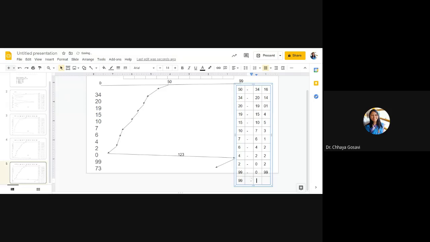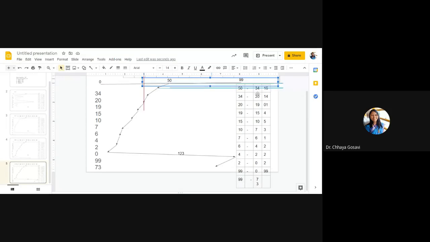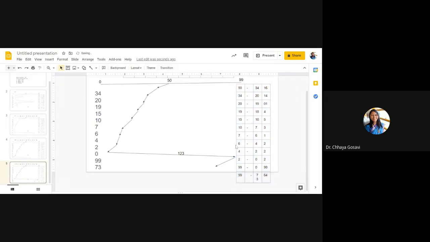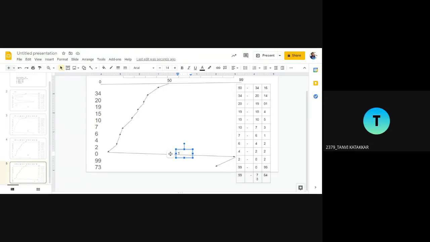That is 99 minus 73, which should be 26.